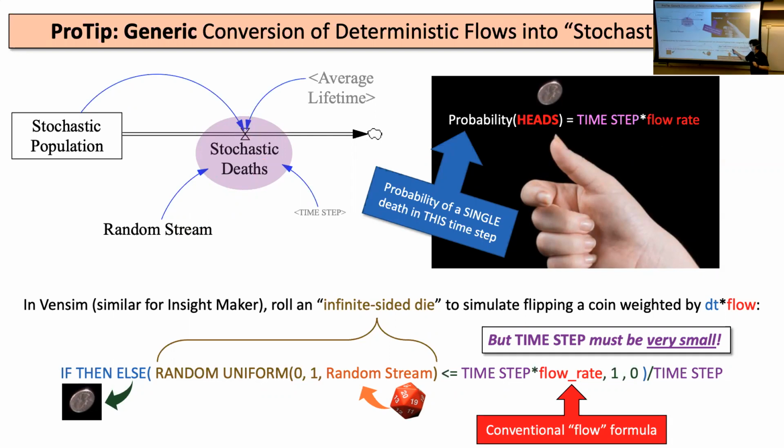But instead of flow rate, put parentheses and then paste the original flow rate into here. If you do that and hit go, then you'll end up getting a stochastic output where you get variability that will be consistent with your average model you had before. So this is a way to turn any deterministic model into a stochastic model that has variability, but whose averages, whose statistics are consistent with your original deterministic model. So that's how to do that.